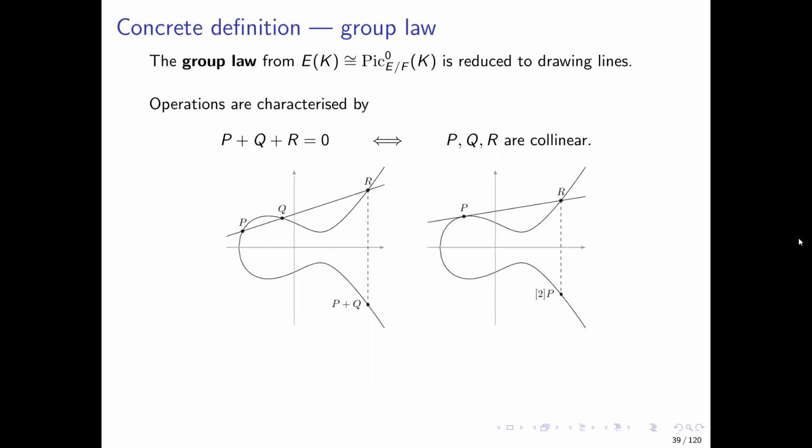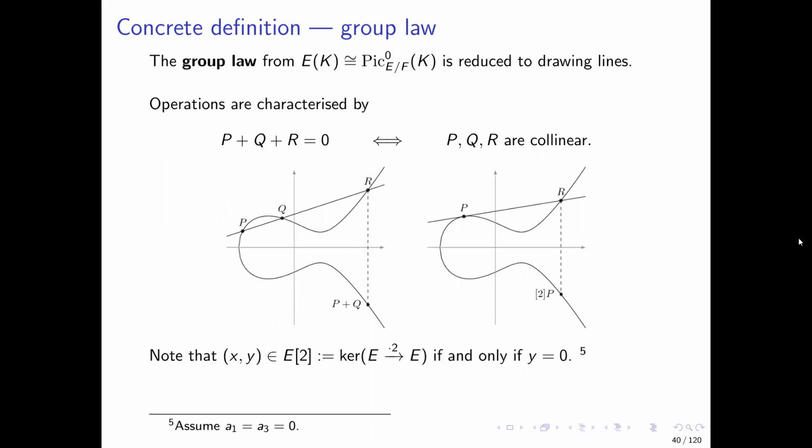Let me repeat that: a point gets killed by 2 if and only if y is equal to 0. Because if a point is in here, the tangent line will intersect nowhere.